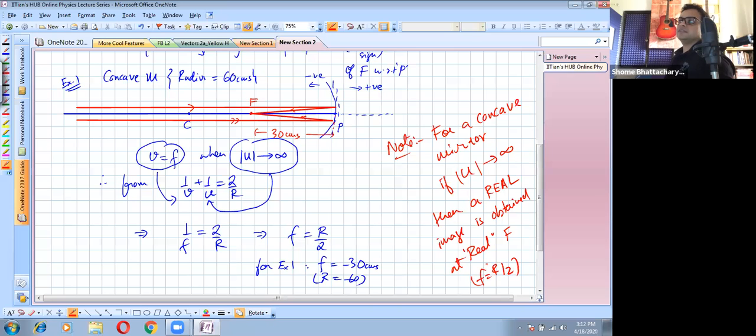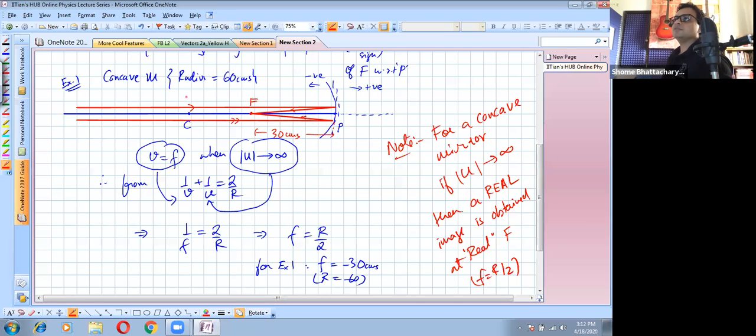This is the understanding that we have, and as you will see later, this understanding is very important from the point of view of extended objects also, not just the point objects which we are thinking of now. So now we are talking about object distance tending to infinity. Even a larger object will look like a point object because the object itself is at infinity.